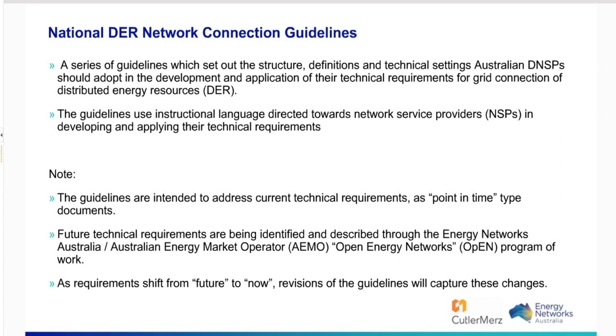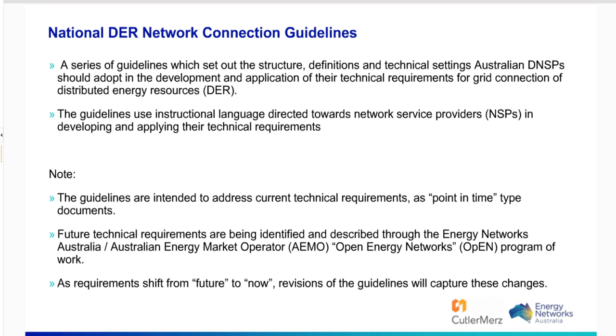What we're trying to achieve is to set up a series of guidelines which set out the structure, definitions and technical settings that all Australian distribution networks should adopt in the development and application of their own technical requirements for grid connection for distributed energy resources. The guidelines use instructional language directed towards network service providers in developing and applying their technical requirements.